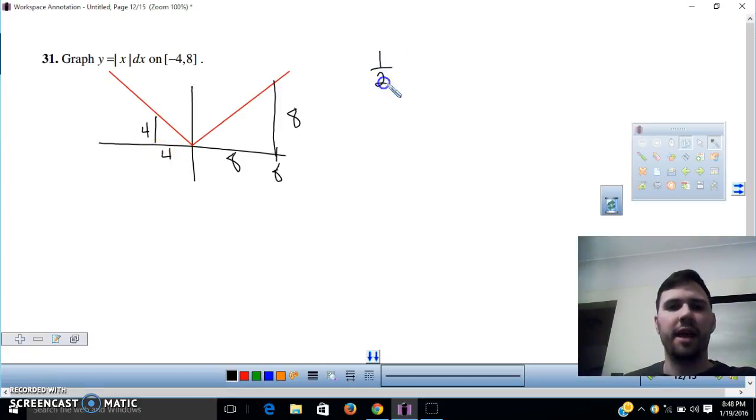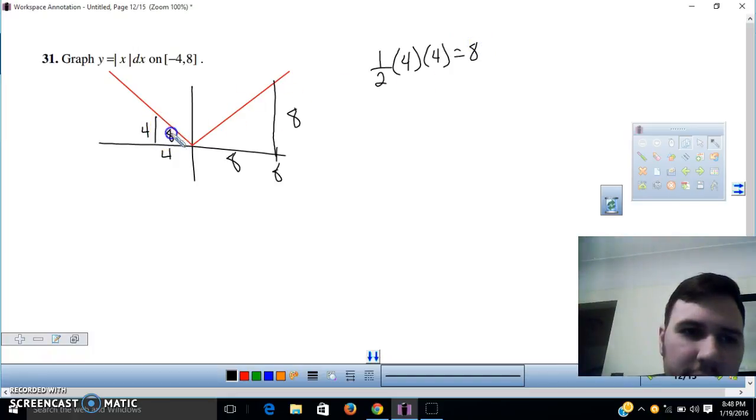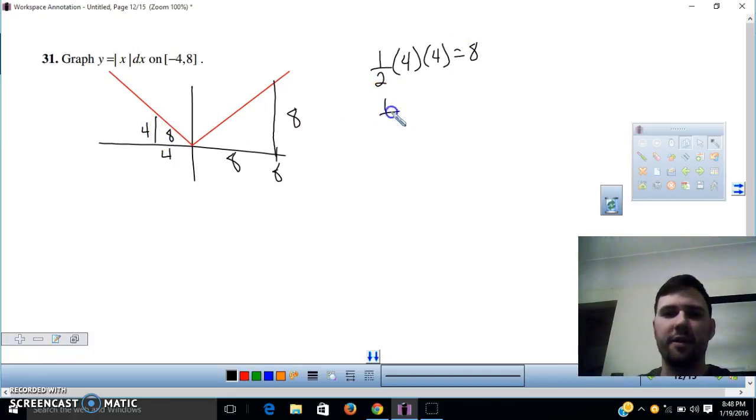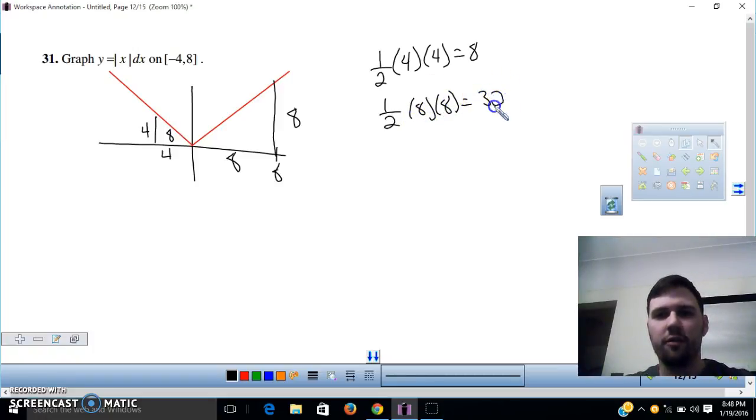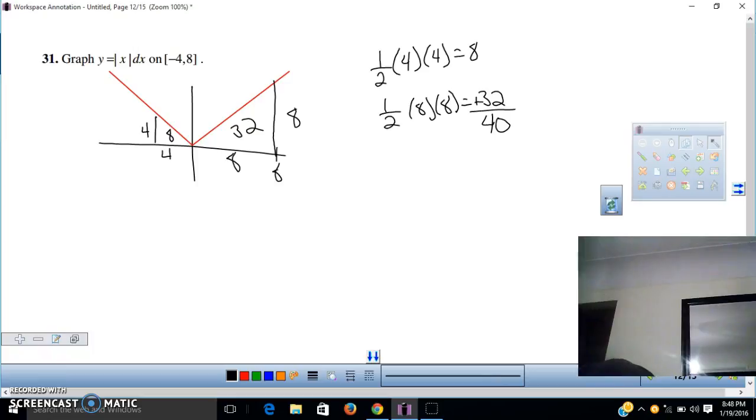Area of a triangle is 1/2 base times height, so we find the area of the first triangle. So when you do that, you get 8, I do believe. We add that to the area of the second triangle, which I do believe is 32. You add together your two areas, you get 40. Keep checking myself, make sure.